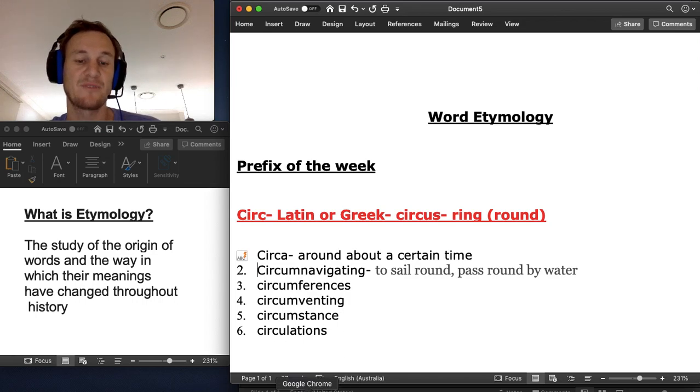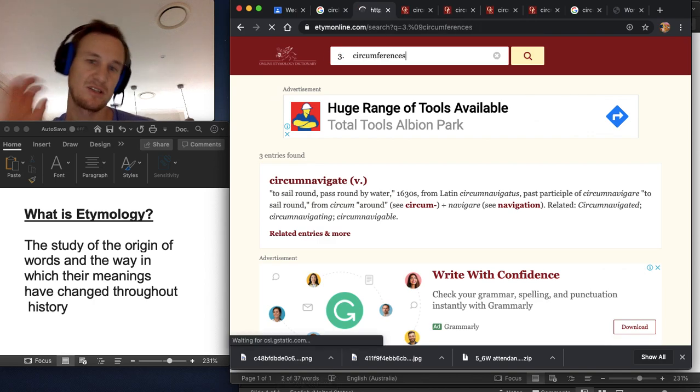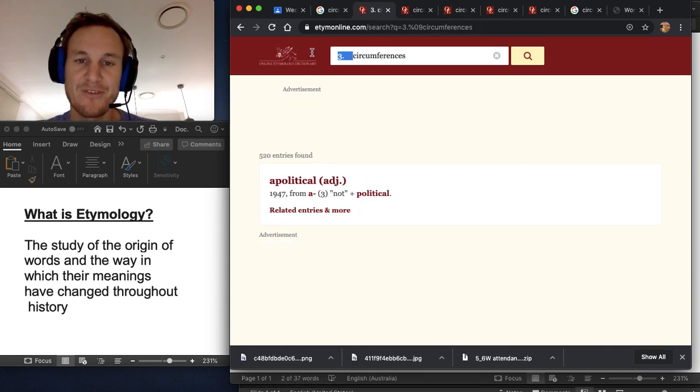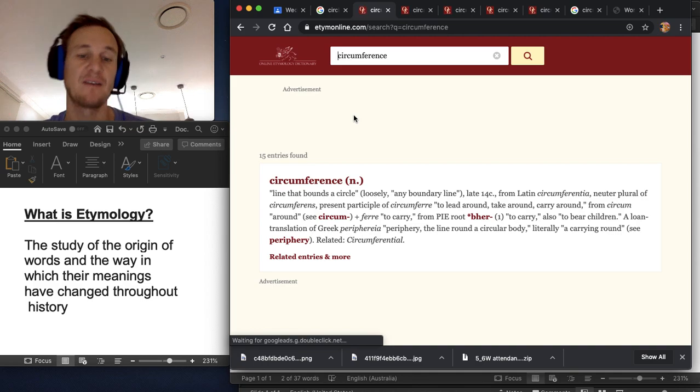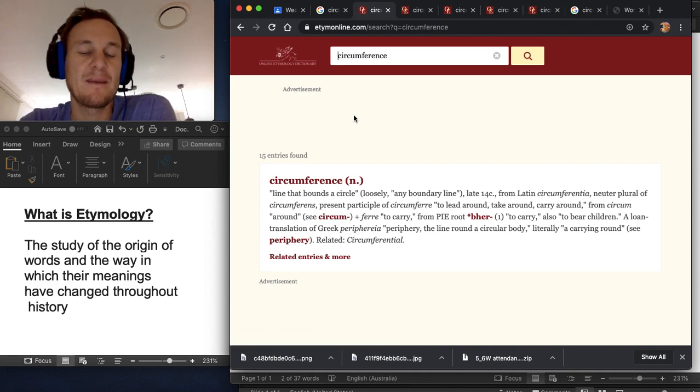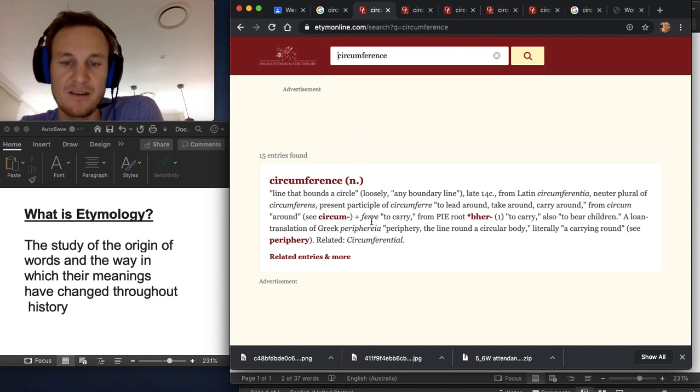What about circumference? Okay, let's take that word, go to our online etymology dictionary, type it in. I don't know why that's not coming up. Okay, circumference: a line that bounds a circle, loosely any boundary.